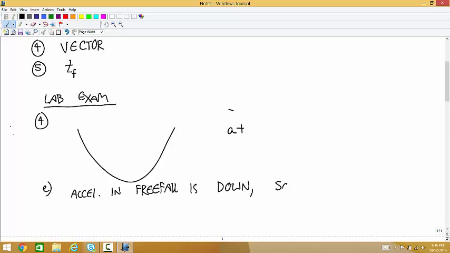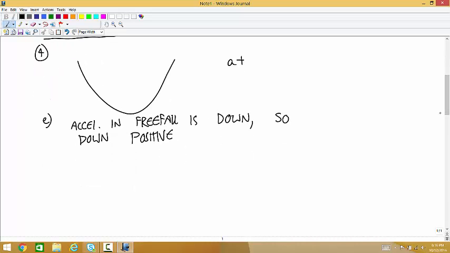I just kind of thought of it as it's always up in free fall. So in a free fall problem, if the positive direction is up, you get a graph like that.